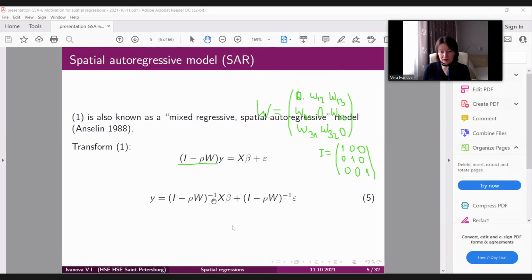Also, we need to invert the matrix. So the estimation methods for spatial regressions, including a spatial lag of y, need to take into account inverse matrices of high orders.